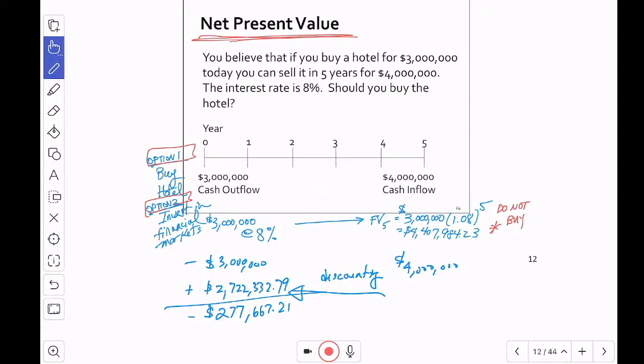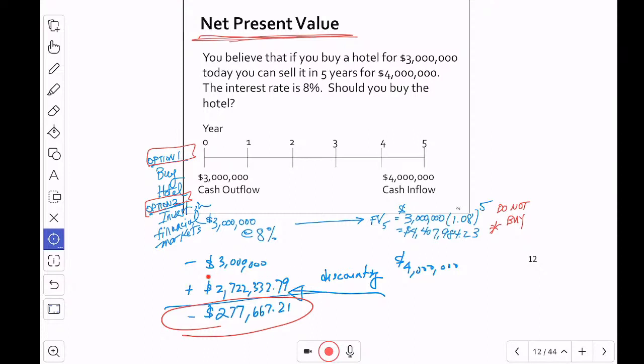So this idea of taking the cash outflow and the future amount to be received and putting it all in one quantity, like here it looks, the 4 million looks great. So this is where I say, well, I know I'm getting 4 million, so this is what it's worth.